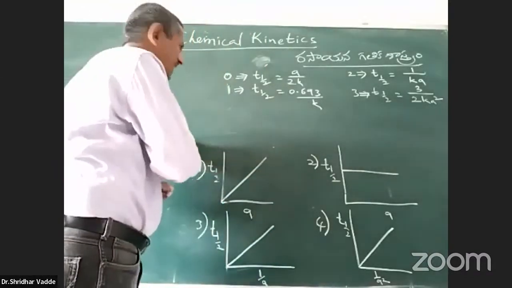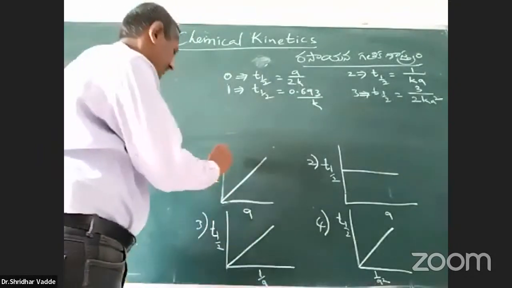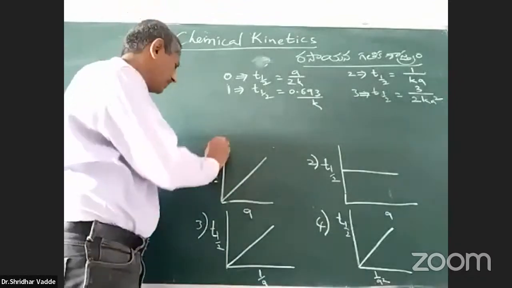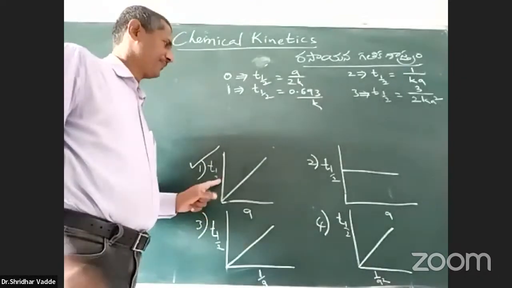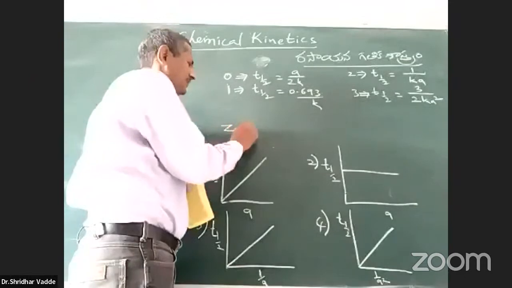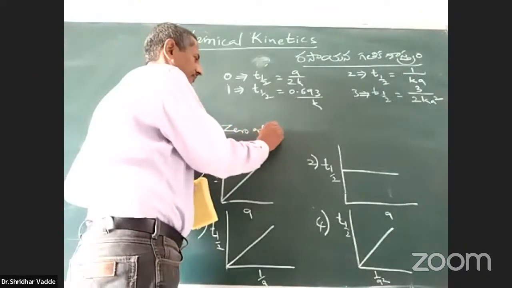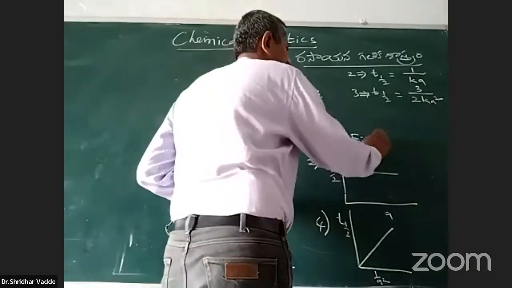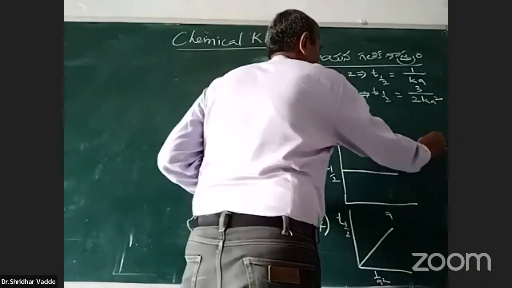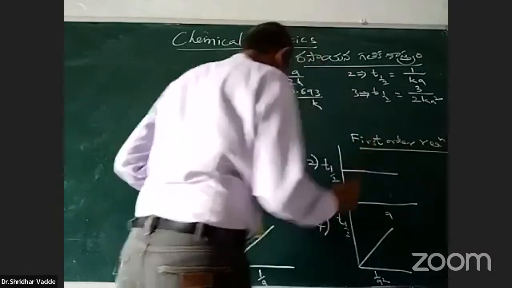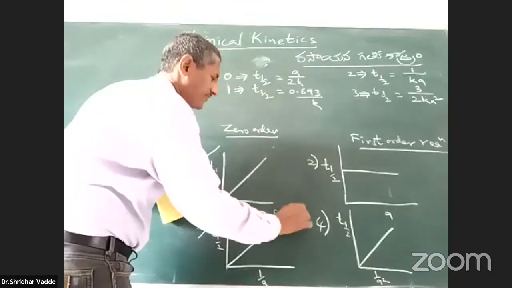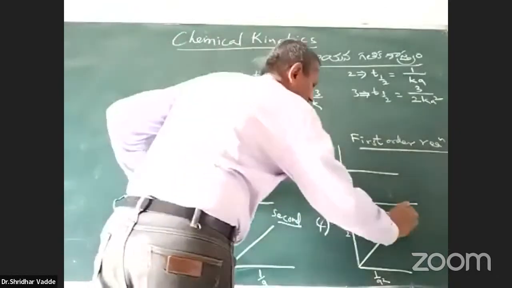So from this knowledge, this first graph is for zero order reaction. This is for first order reaction. This is for second order reaction. This is for third order reaction.